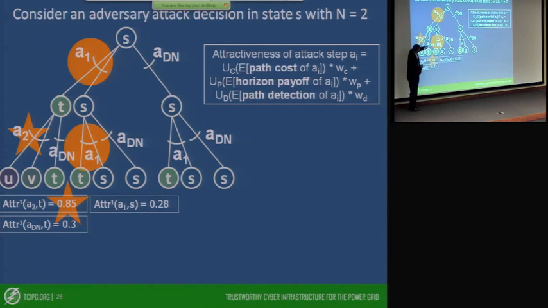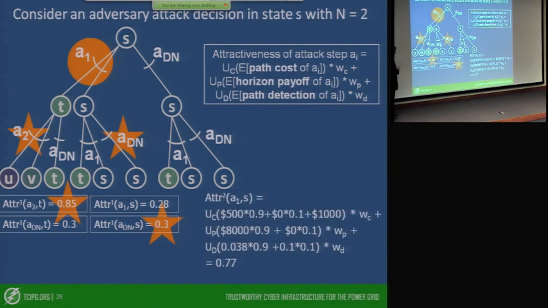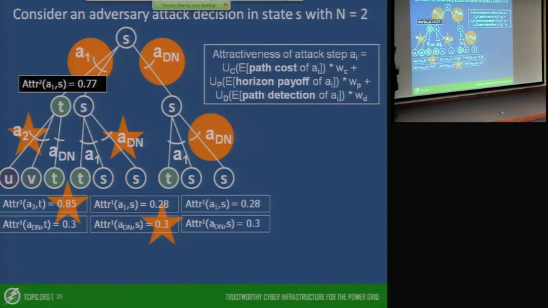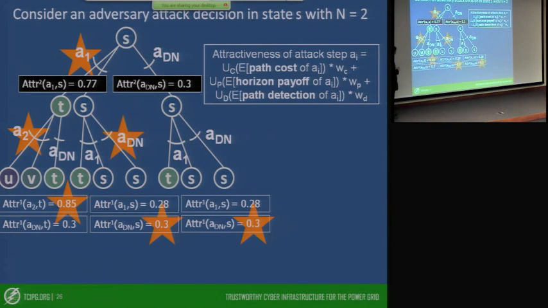We then do the same for the other possible outcome of attack step 1, and we say that in that case, if it's the second outcome, the do nothing one is the most attractive. We then compute an overall attractiveness based on the weighted probability of those two different outcomes of that attack step. We go down and do that for the other option in this case. And in this case, we see that attack step 1 is the attack step with the greatest attractiveness.